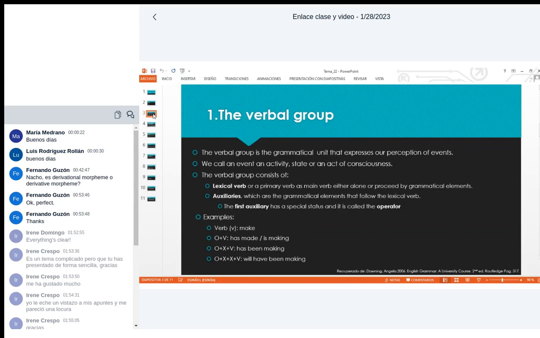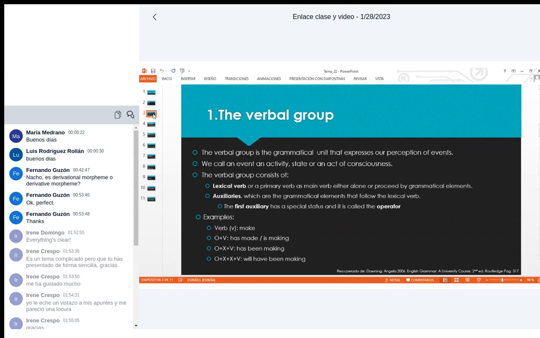Now the verbal group is made up of the lexical verb and the auxiliaries. The lexical verb is actually the verb, the action that we want to express. But this action needs to be conjugated or needs to be expressed in terms of tense or in terms of modality.